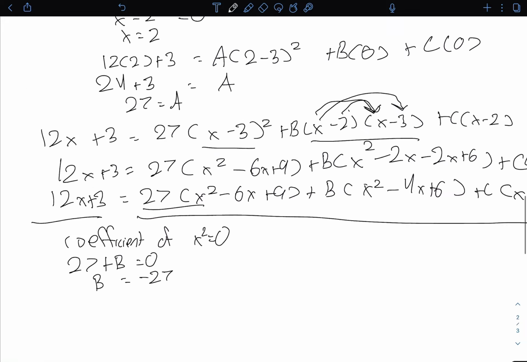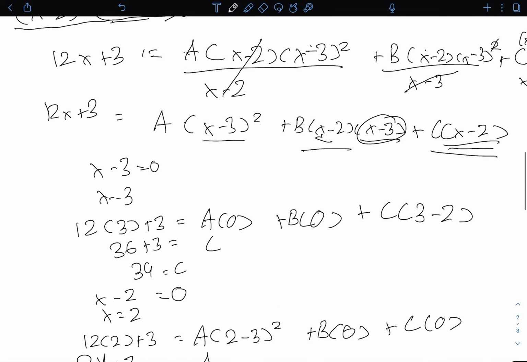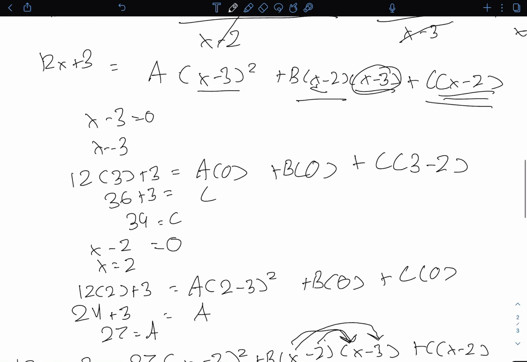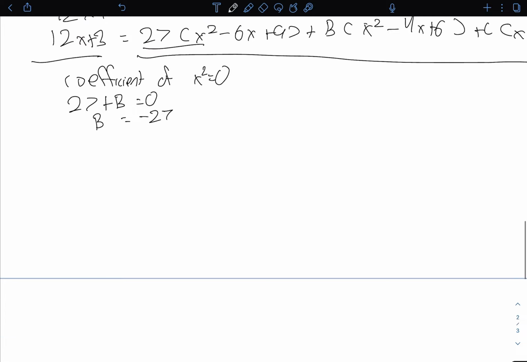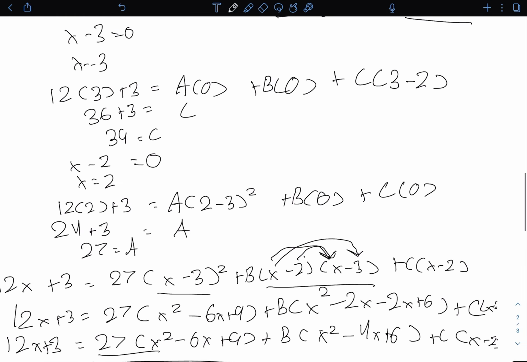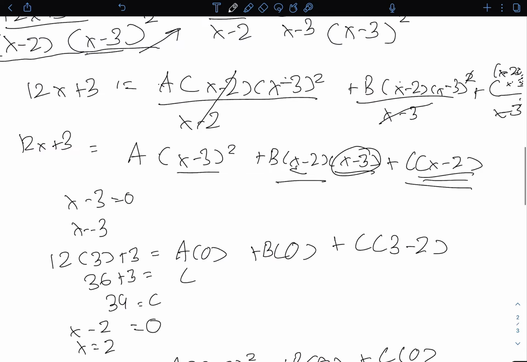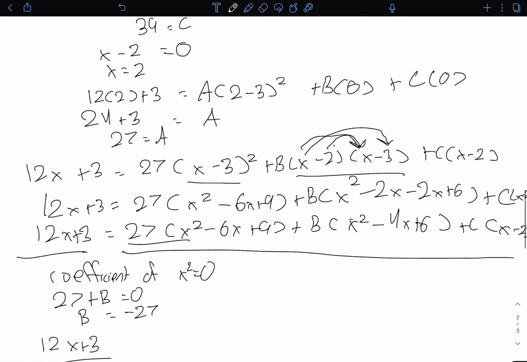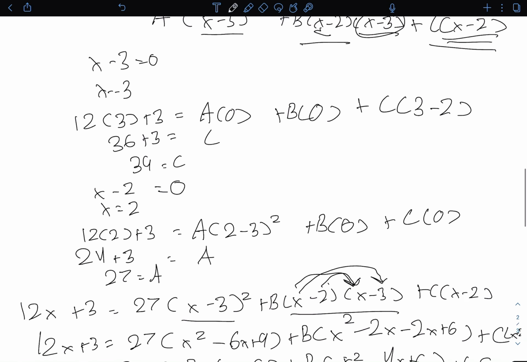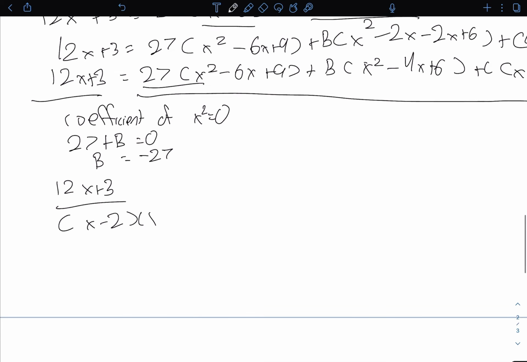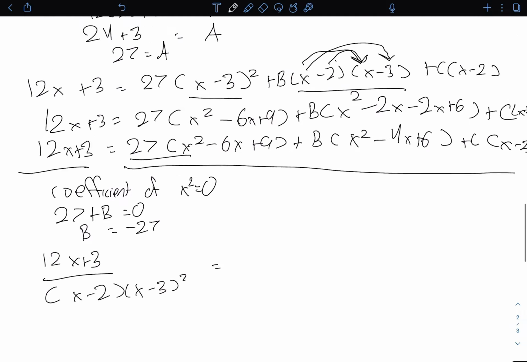So let's rewrite our equation. That's case 2 completed. So 12x plus 3 over (x minus 2)(x minus 3) squared. What's the value of a again? The value of a was 27.